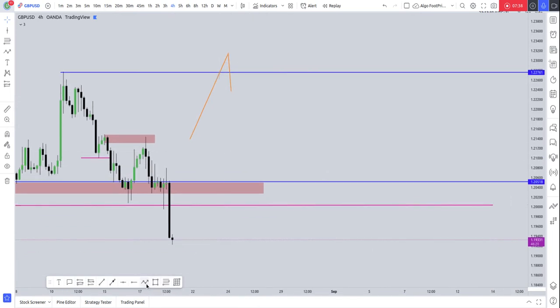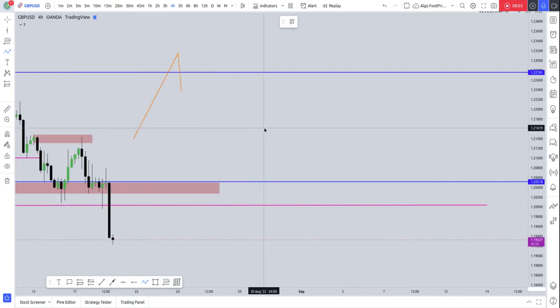What you do on the lower time frame, and when I say lower time frame, I mean like M5, M15.